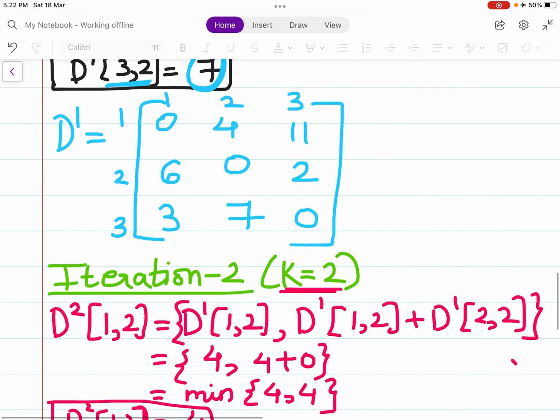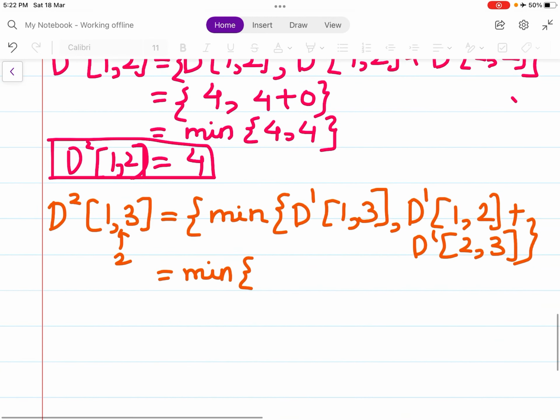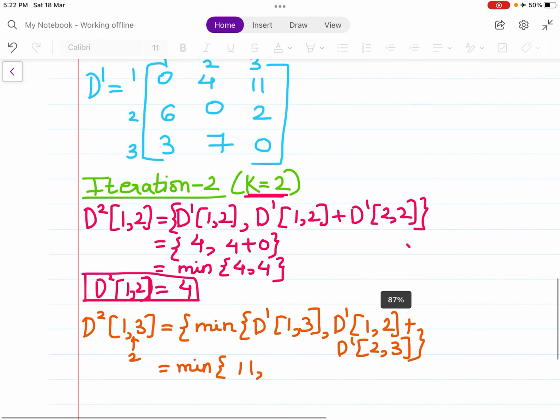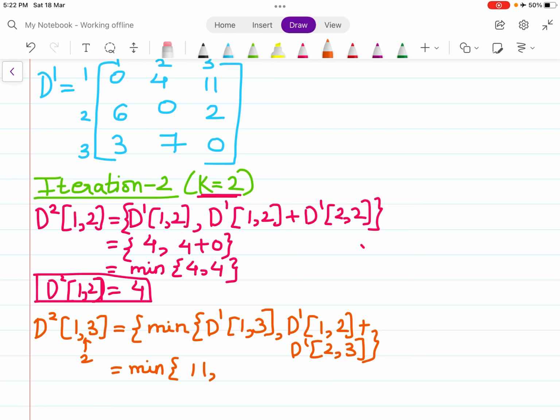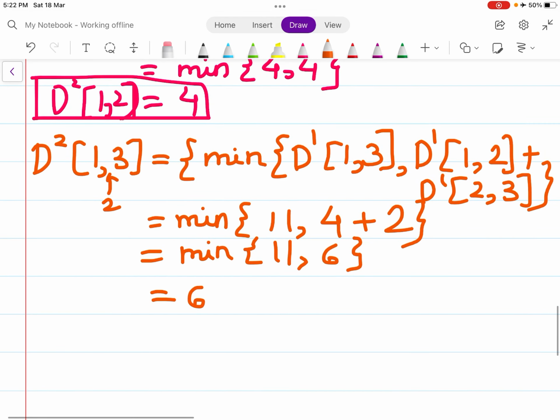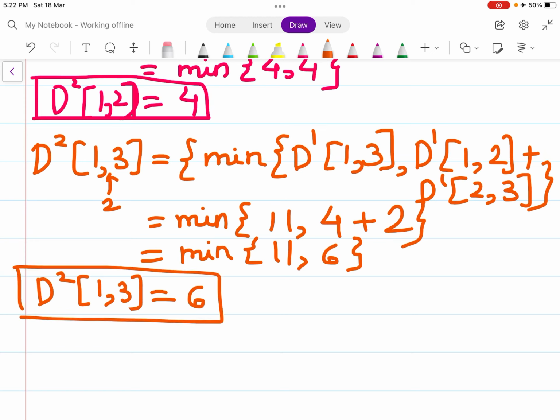Minimum of 1,3, which is 11, and 1,2, which is 4, plus 2,3, which is 2. So this is the minimum of 11 and 6, which is 6. Between 11 and 6, 6 is smaller, so 6 is the answer for d2 of 1,3.